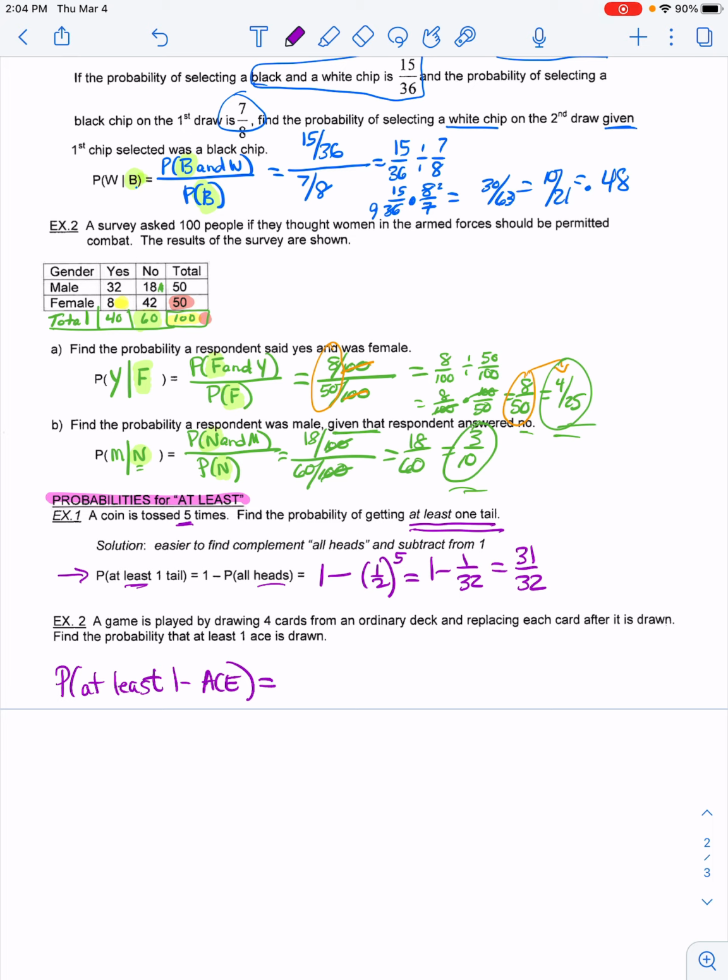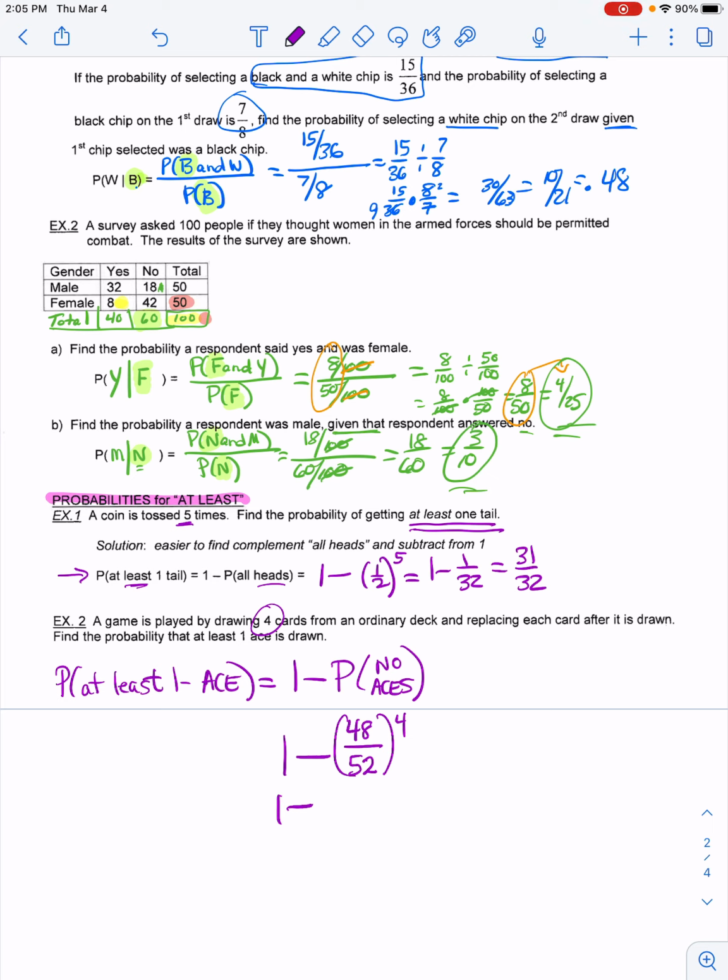So that means we want to do 1 minus the probability of no aces. There are 4 aces in a deck out of 52 cards. So that means 48 of them are not aces. And we're going to do 4 draws, so we should take this to the 4th power.